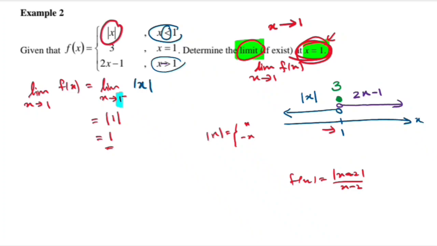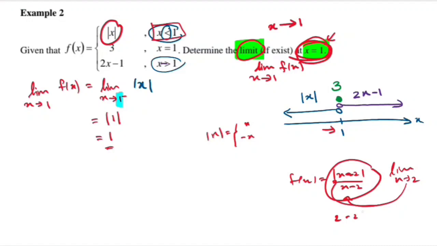Well, that's because for example 6, the question wants you to determine the limit as x approaches 2. So if we did not split this into a piecewise function, then when you substitute x equal to 2 above and below of this fraction, you will get 2 minus 2 over 2 minus 2, which is 0 over 0. You cannot solve that. So that's why you still have to change the modulus to a piecewise function.